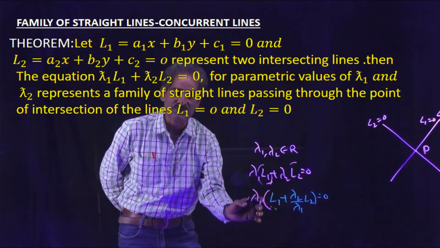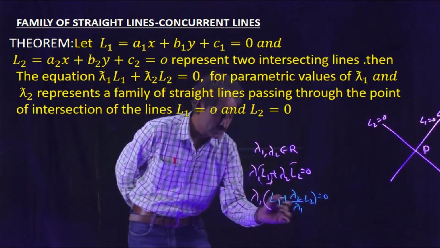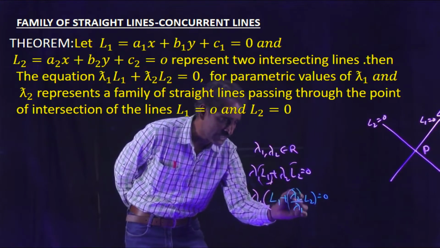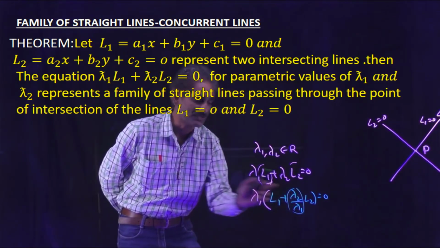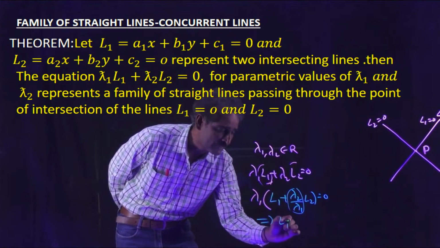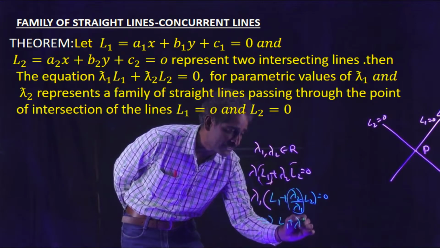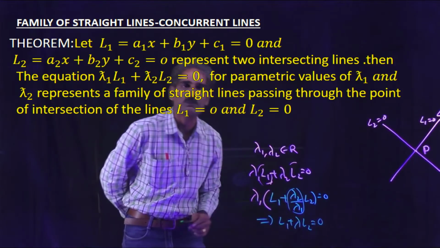Here lambda 2 by lambda 1 is a non-zero constant, so we can write L1 plus lambda L2 equal to 0.